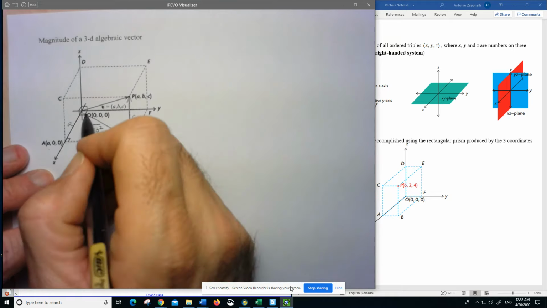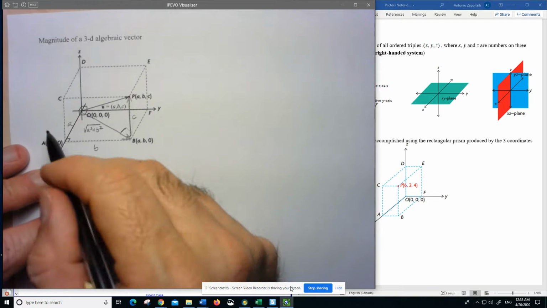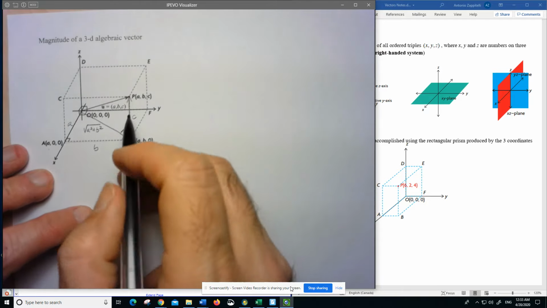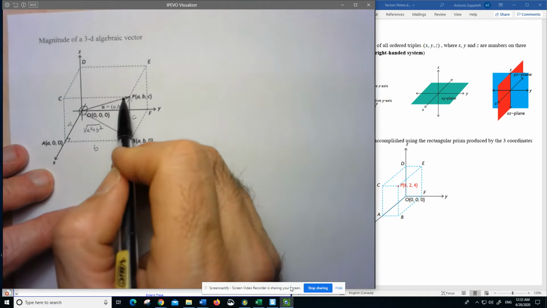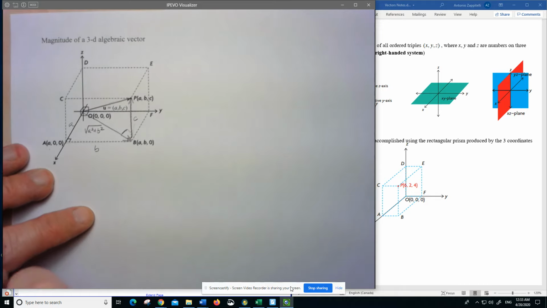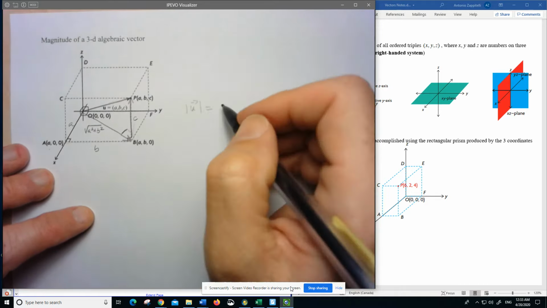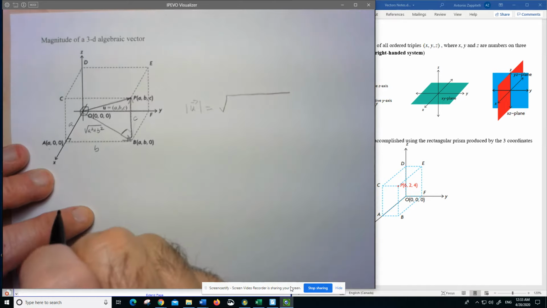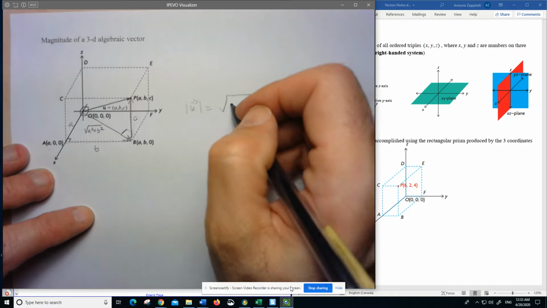Another right angle triangle. Now, it doesn't look right angle, because remember, we're trying to draw a 3D scenario in 2D, but this is going to be a right angle triangle with the magnitude of your vector as your hypotenuse. So if we're looking for the magnitude of u, it's just going to be the square root of the sum of the squares of the other two sides.